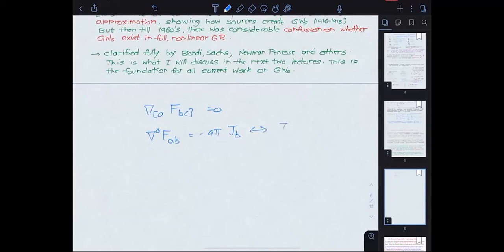This is the same as saying that curl of star F BC is, this is a dual, really the dual of minus 4 pi J. So this is a 3 form, and this is the same as star of J. So Maxwell's equations can be written like this is equal to 0, and then instead of this equation, I can write grad A of star F BC equal to minus 4 pi of star J B.